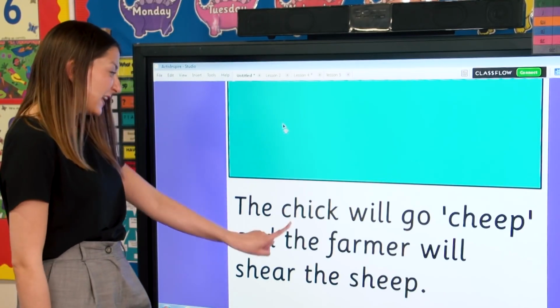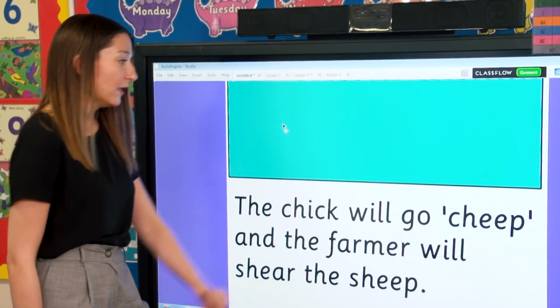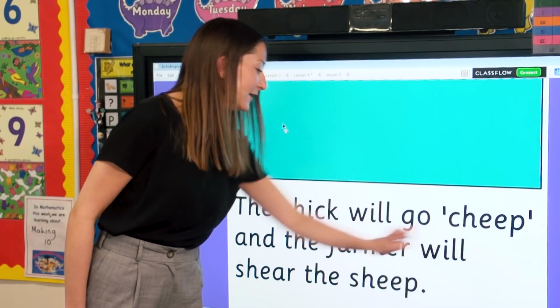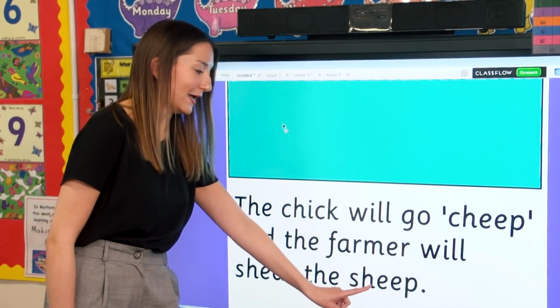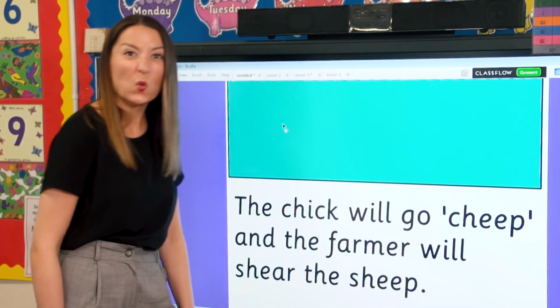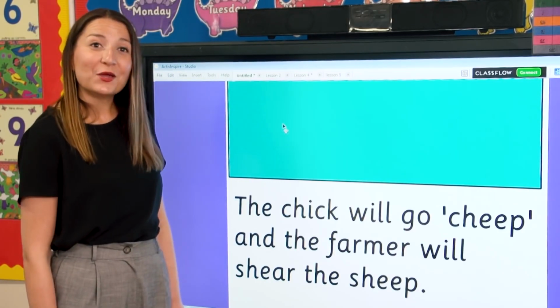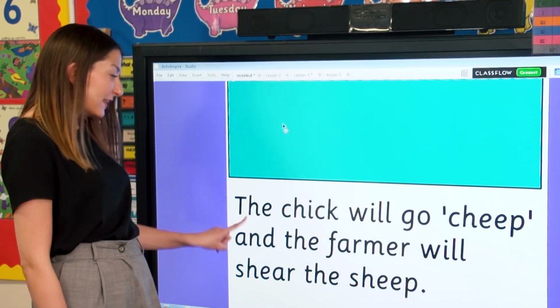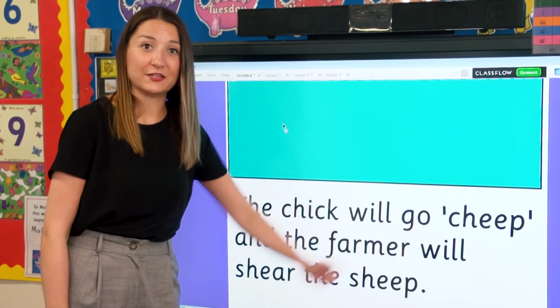Yes, this word has the digraphs ch and ck. This word has the digraphs ch and ee, and this word has the digraphs sh and ee. They all have two digraphs. Can you see a tricky word we already know? Yes, this is a tricky word we already know, and this is a tricky word we already know.